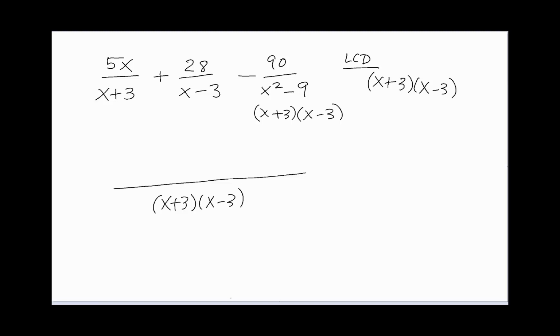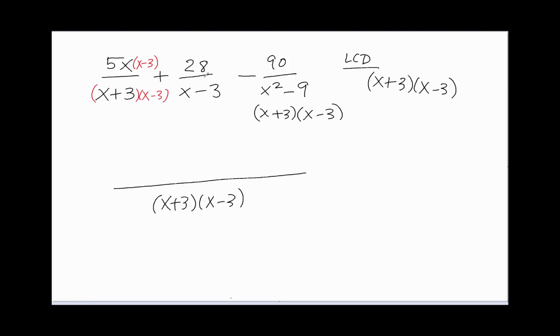Now, if I have changed this denominator in any way, I have to change the numerator. So the first denominator is x plus 3, and look, I have an x minus 3 now, so I need to put an x minus 3 in the bottom and in the top of this first fraction.